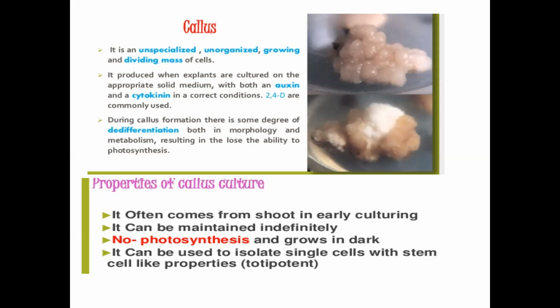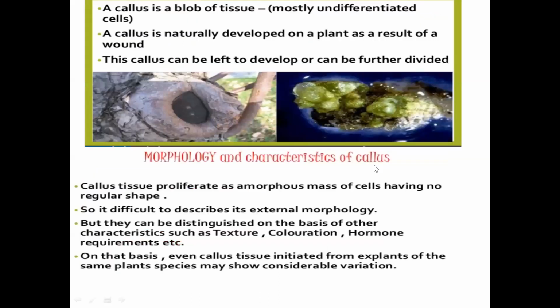So you can use it indefinitely to synthesize any kind of organ or any kind of embryo cells. It is totipotent. Callus is nothing but a mass of totipotent cells. So you can use it for any kind of micropropagation techniques. This is the basis for micropropagation technique. So it's a blob of tissue.